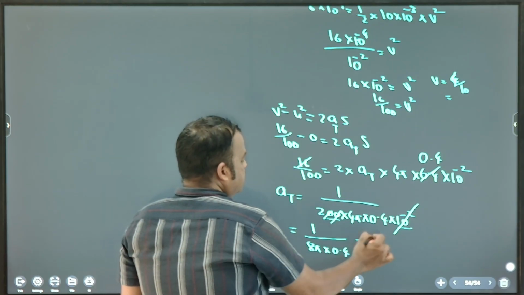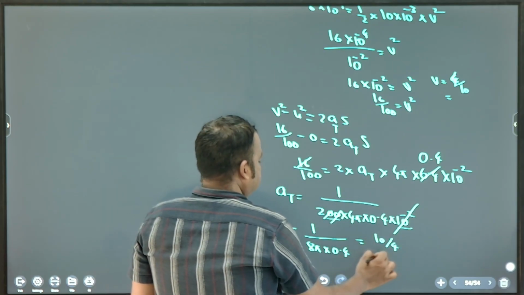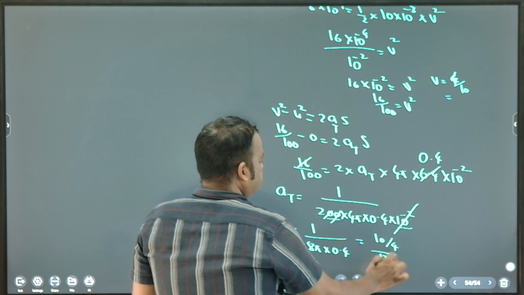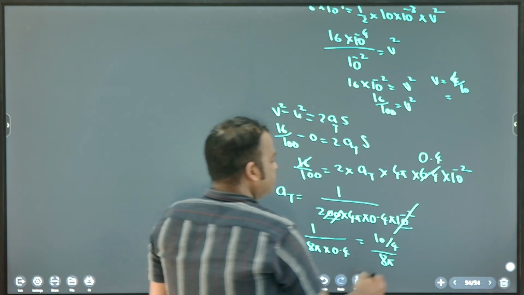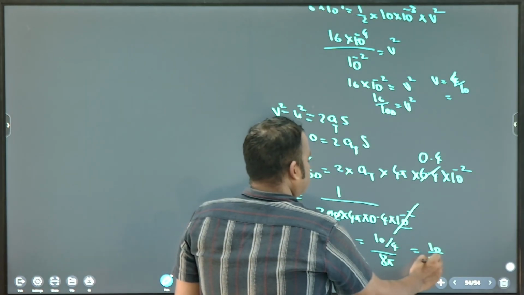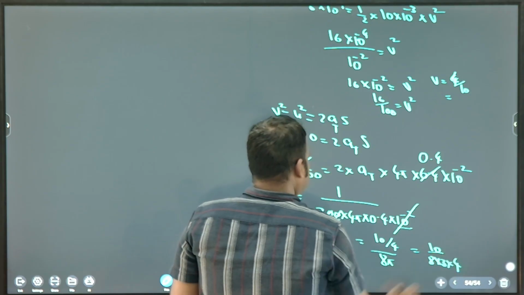So this is 10 by 4 by 8 pi. Pi value approximately 3, you can take 3. So 10 by 8 into 3 into 4.